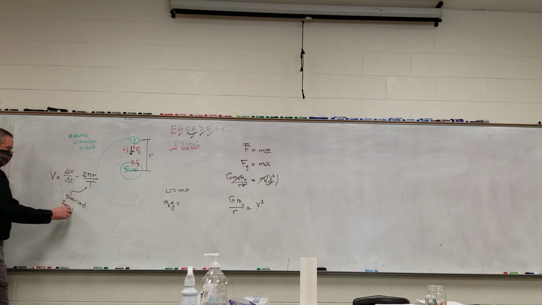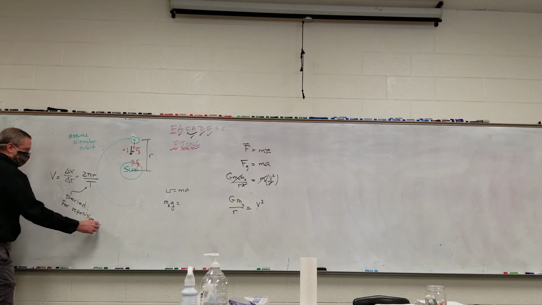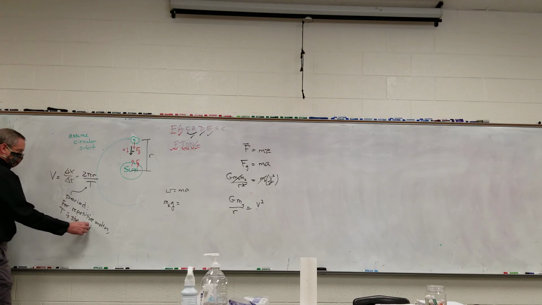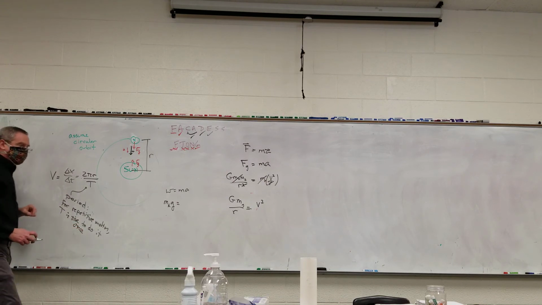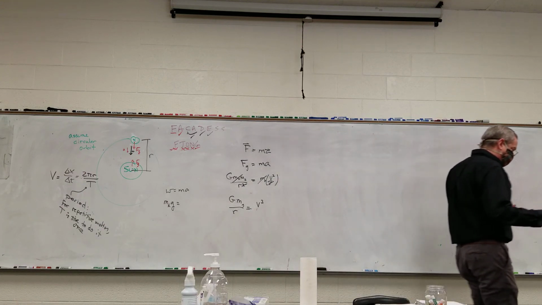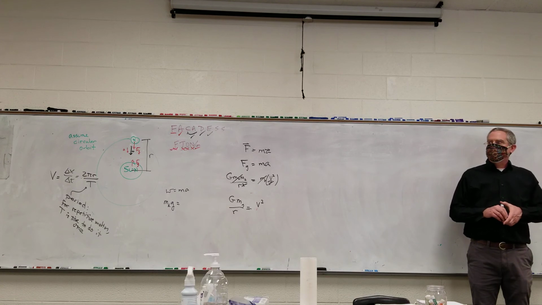For repetitive motion, T is the time to do it once. I'm going for the formality of the language. If this were the Earth, what would be the period? 365 days.